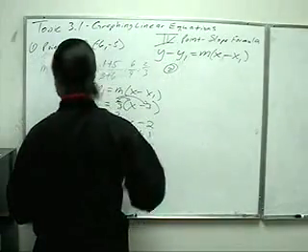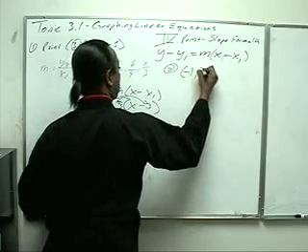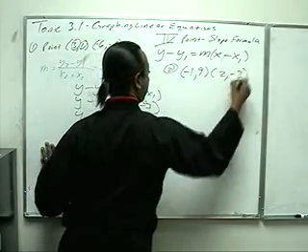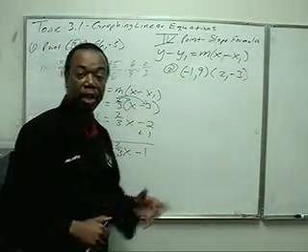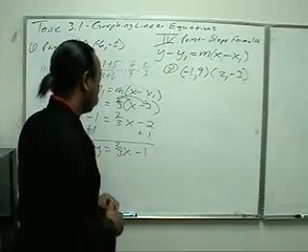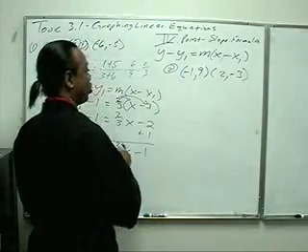Okay, let's do that again. (-1, 9) and (2, -3). 2 points. We want to find out what's the equation of the line that goes through those 2 points. Well, I'm going to need my slope first in order to use my point-slope formula.